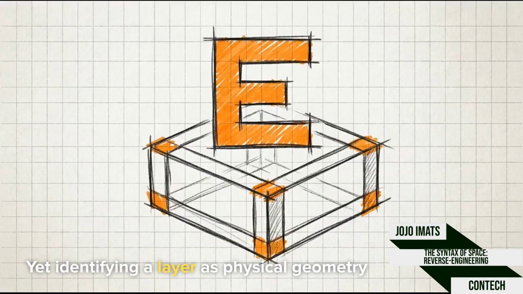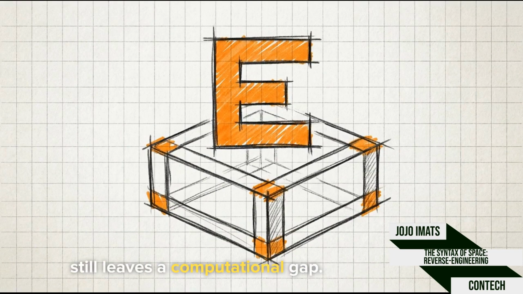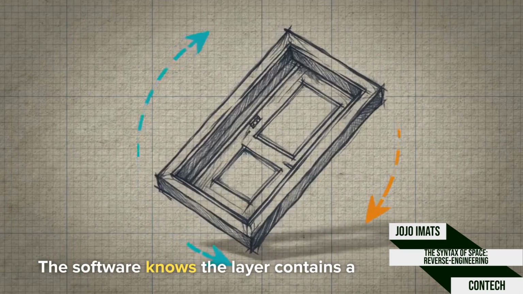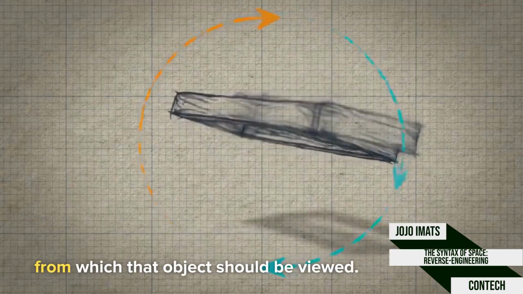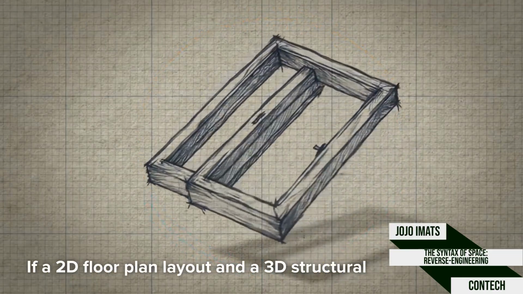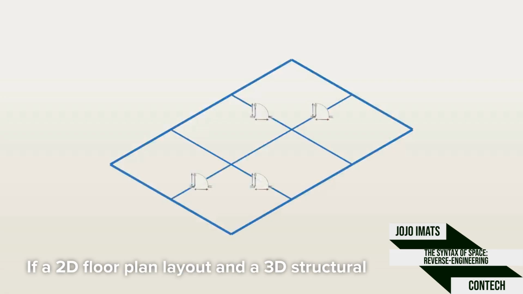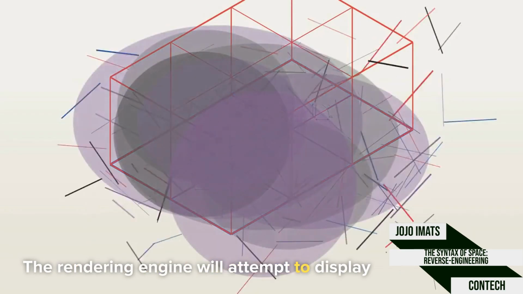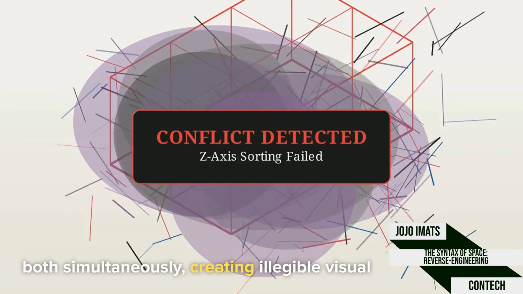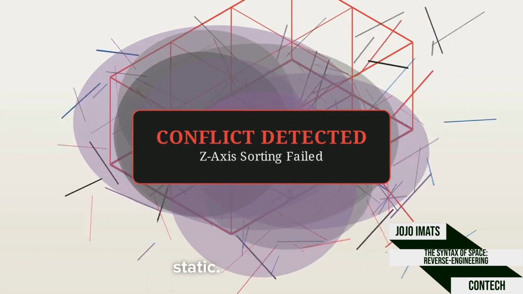Yet identifying a layer as physical geometry still leaves a computational gap. The software knows the layer contains a tangible object, but it does not know the angle from which that object should be viewed. If a 2D floor plan layout and a 3D structural model occupy the exact same digital coordinate space without a sorting mechanism, the rendering engine will attempt to display both simultaneously, creating illegible visual static.